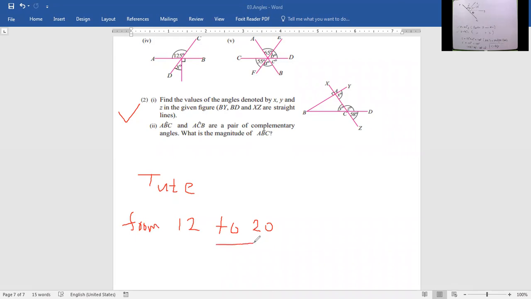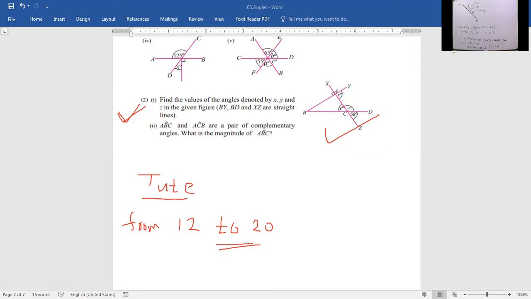So you have to do this and send me the answers as well. This is your textbook. Second one, you have to do this one. And do the homeworks from the tube lesson. So in the tube, you have to do question 12 to question 20. There are several problems 12, 13, 14, 15, 16, 17, 18, 19, 20. So you have to do that.